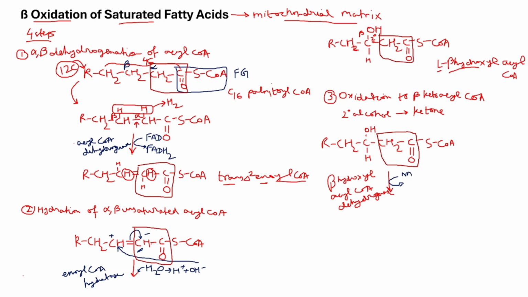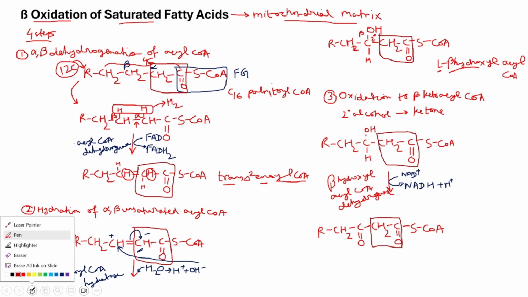So here NAD plus gets reduced to NADH plus H plus. Alright, so this is done. So what will happen? We will get a ketone. I am writing the structure of the ketone here. This compound that you get here is called the beta ketoacyl CoA.